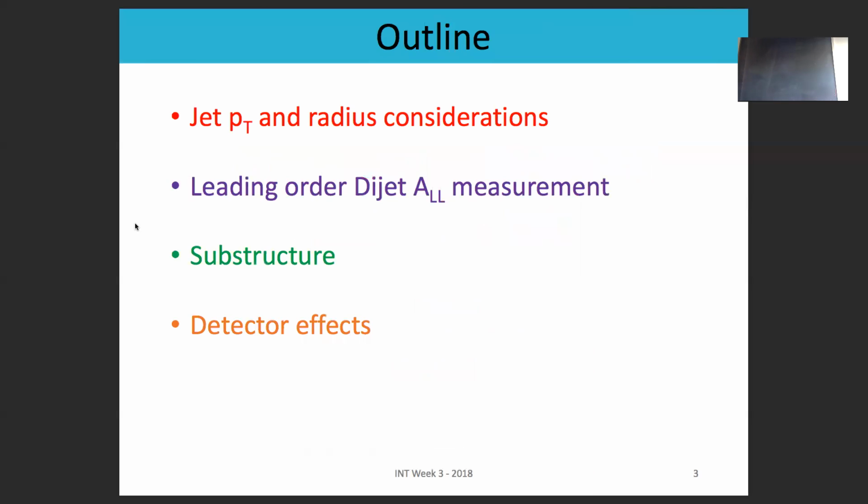Okay, so getting into the outline of the actual talk. I'm going to start off with some basic comments on jet pTs and radius considerations when we do our jet finding. Then I'm going to go into a more concrete example, looking at a leading order dijet A_LL measurement to see what we can do with jets, and also show some of the kinematics in a little different way.